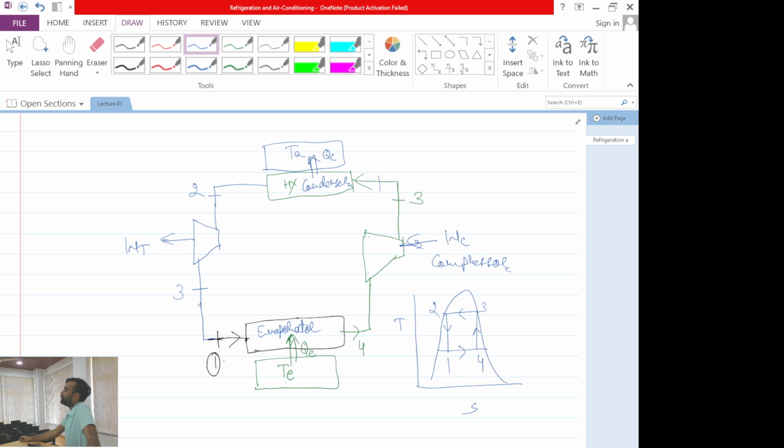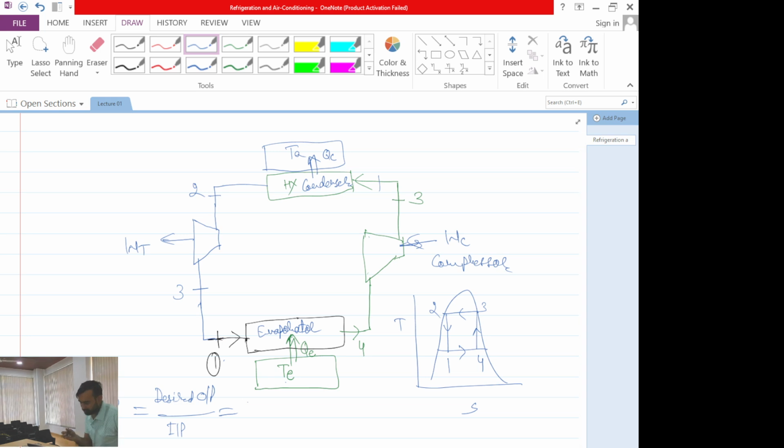All of you try to find out its coefficient of performance. What is COP? What is the COP of a refrigerator? Desired output upon input. What is the desired output? To produce the refrigerating effect.